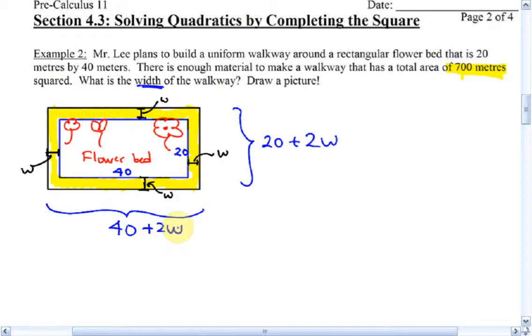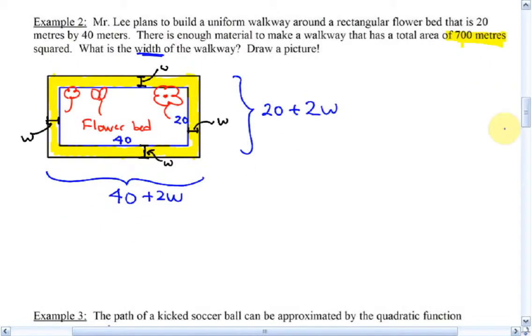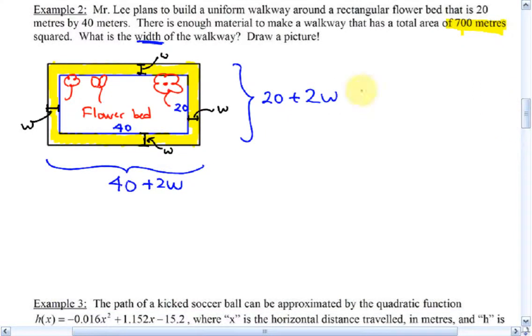Now, how do I actually calculate the area of the walkway? Well, I heard someone say you got to do some minus stuff. What minus what? Same thing we did on the test, A minus B. Big minus small, right? So think about it like this.